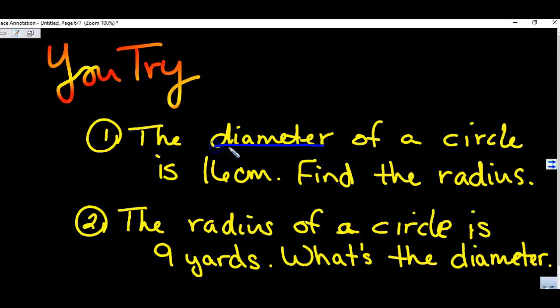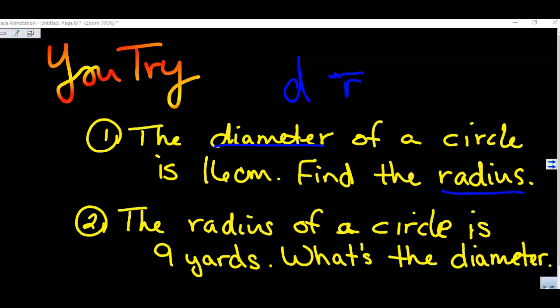The big part here is figuring out which one's the radius and which one's the diameter. I don't have a picture handy every time. One way that I remember which one's which is if you write D and R next to each other, take a look. The R is always about half of the diameter, which is true.